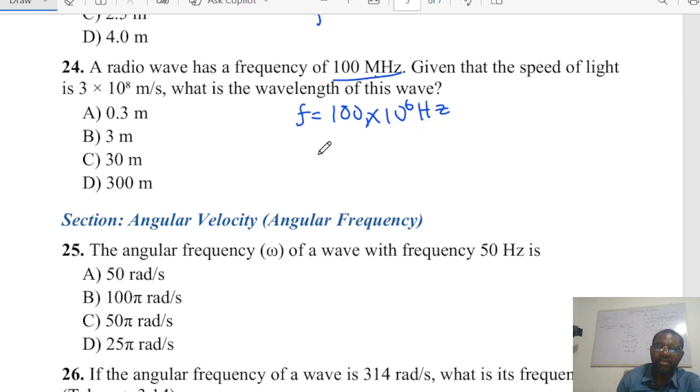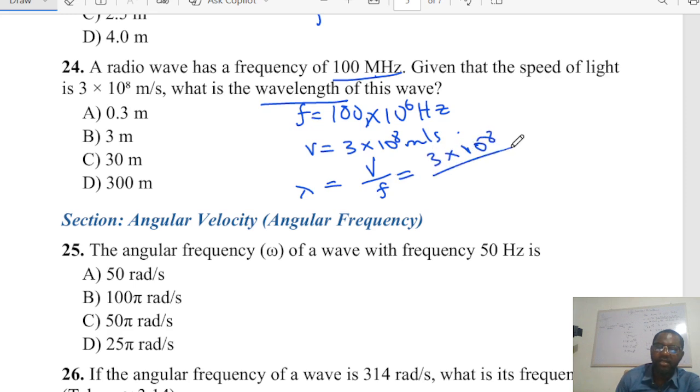The speed is 3 times 10 raised to the power 8 meters per second. Since we are asked to find wavelength, wavelength is simply the speed over the frequency. So the speed is 3 times 10 raised to the power 8, and this is 100 times 10 raised to the power 6. So the answer is 3 meters.